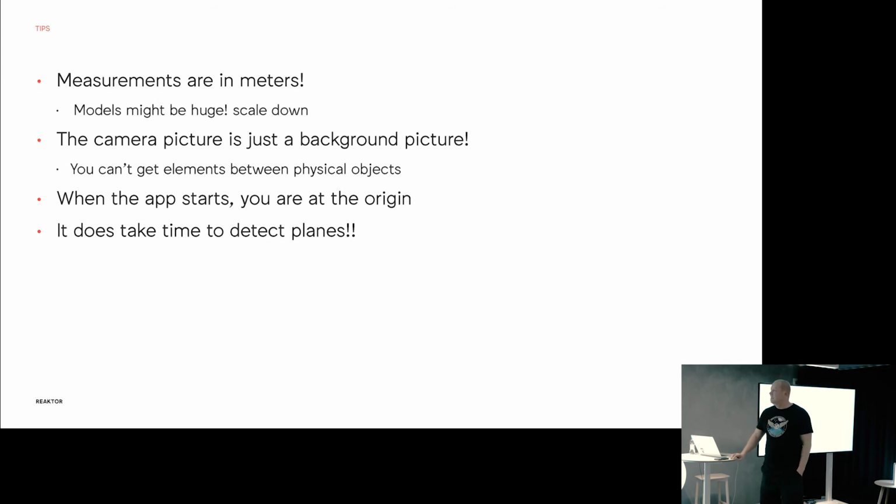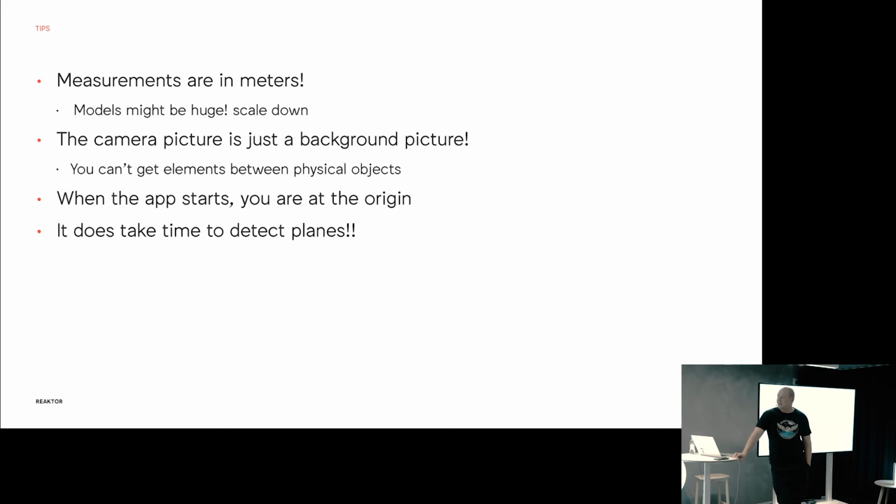Measurements are sensibly in meters and not in feet and whatnot. Then if you download model files from the internet, the models might actually be huge. So you might have a Pokemon that you try out and it's like 60 meters, so you need to scale them down. SceneKit has this, I think it's called the SceneKit editor or something like that.